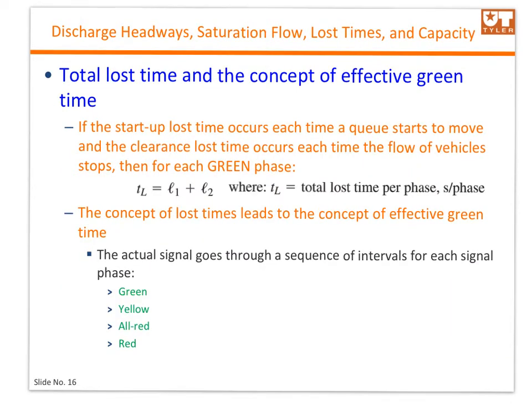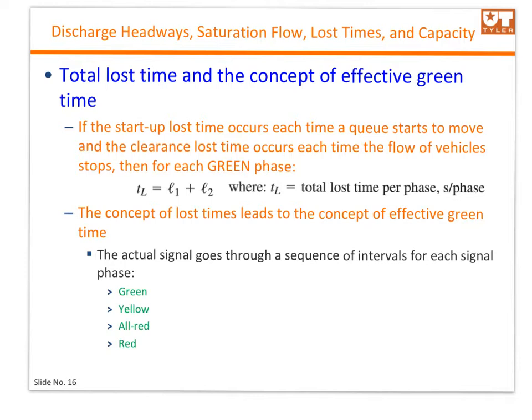So now it looks like we have two types of loss times, so the total loss time can be defined. If the startup loss time occurs each time a queue starts to move, and the clearance loss time occurs at the end, when the flow of vehicles stops, then each green phase has to include both.